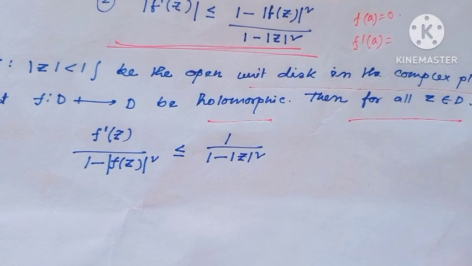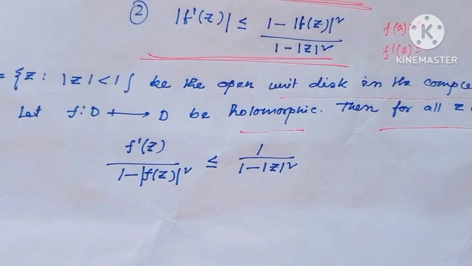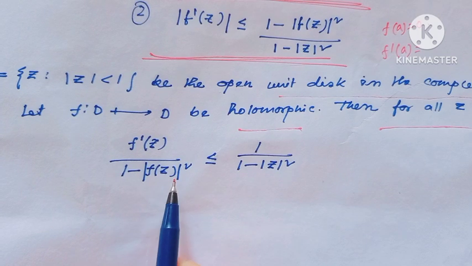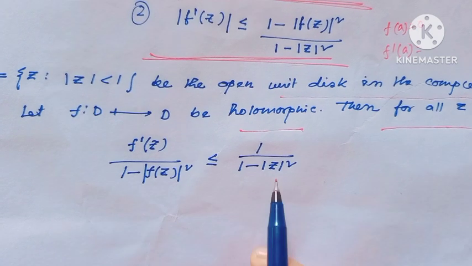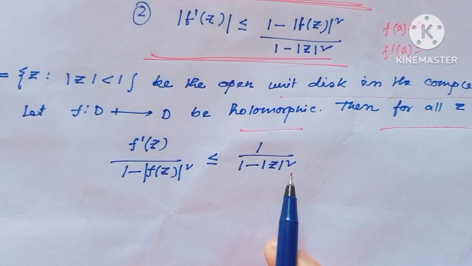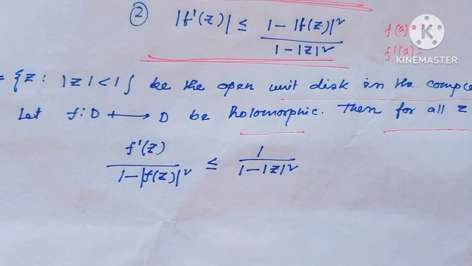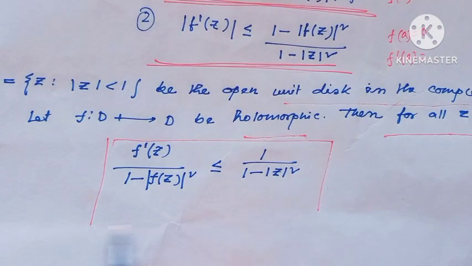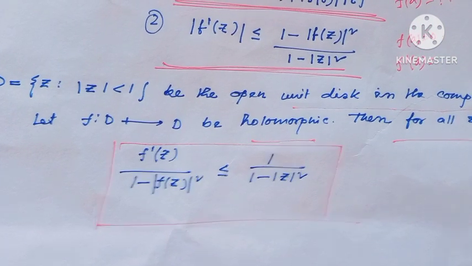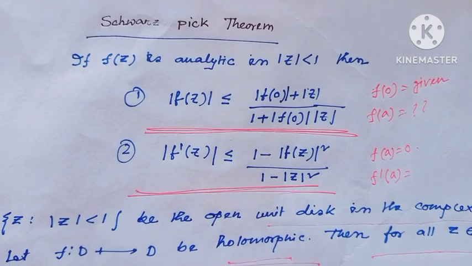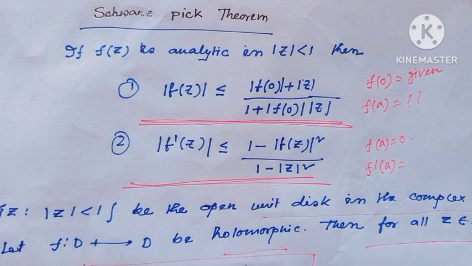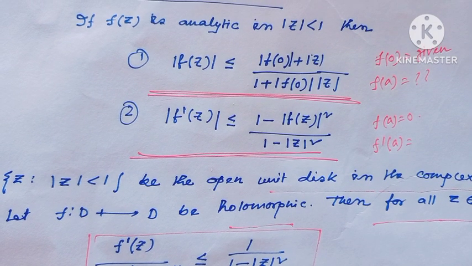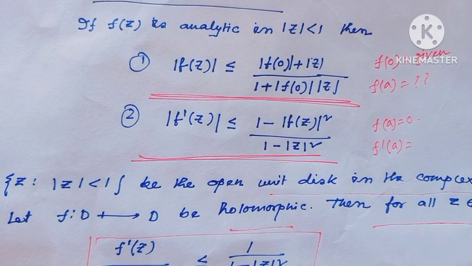Then for all z belonging to D, modulus of f prime z over (1 minus modulus of f(z) whole square) is less than or equal to 1 over (1 minus modulus of z whole square). This is the Schwarz lemma. This lemma is very important for higher study, also for all competitive exams. Next, I will see some examples about the Schwarz lemma.